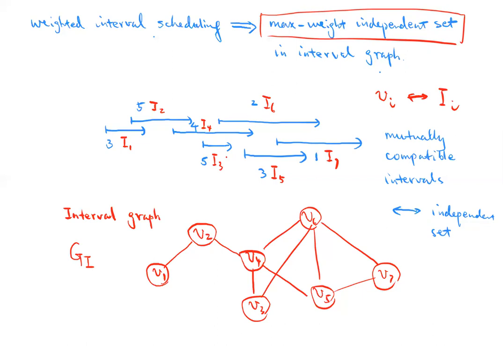So they become weights on vertices. Now you see it, right? The correspondence between mutually compatible intervals and independent sets. Therefore, the problem really becomes a maximum weight independent set problem in interval graphs.